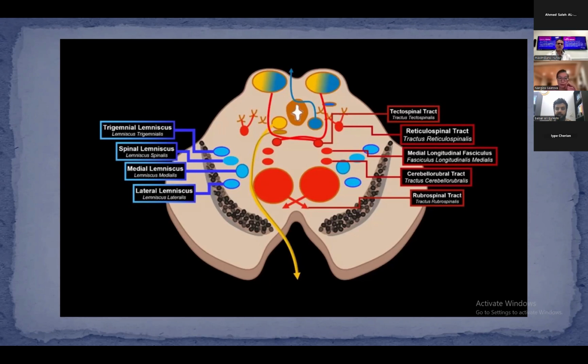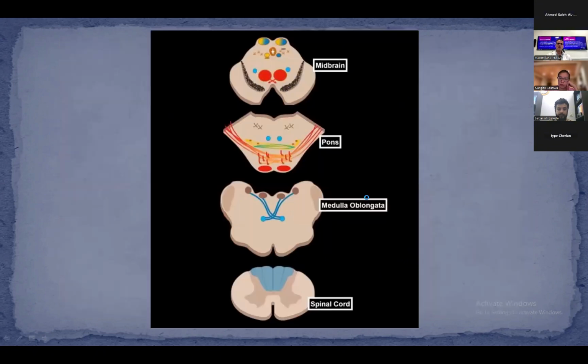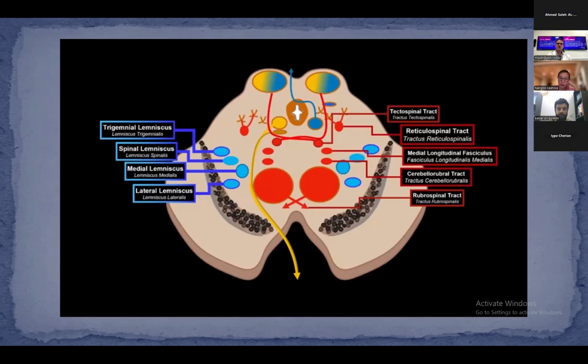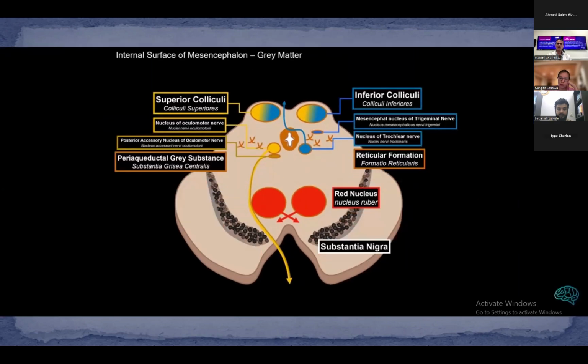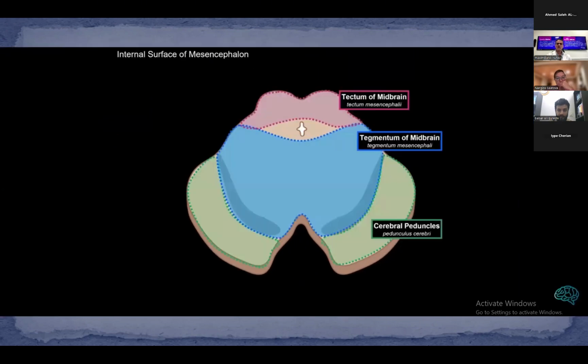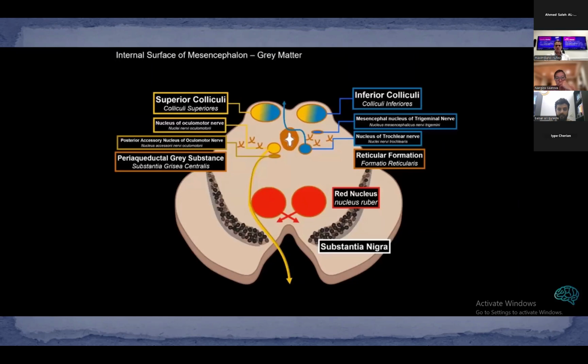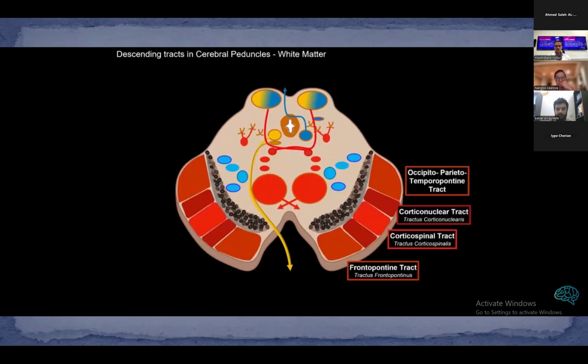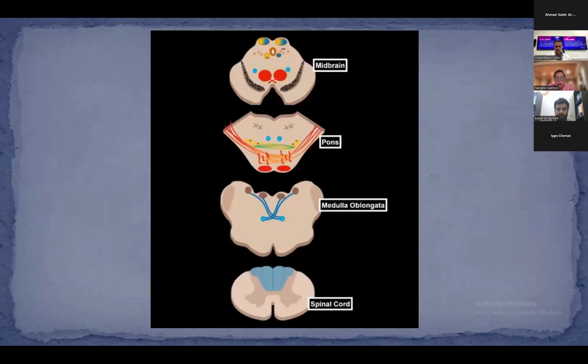Anteriorly, there are also the cerebroruberal tracts, which will be taken to the cerebellum. All right, so this brings us to the end of the important structures in the cross section of the midbrain.